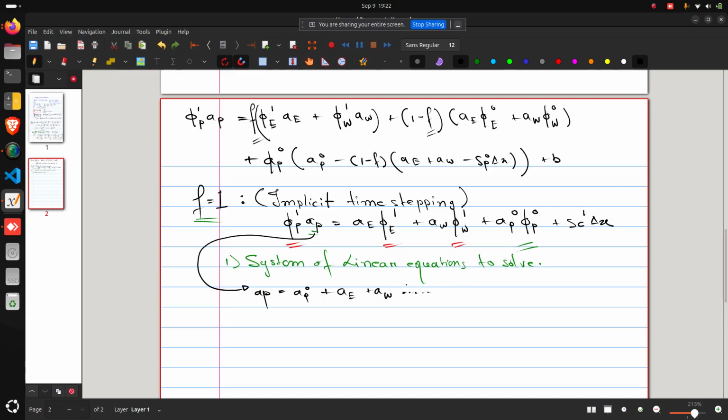So in the limit that the source term is 0, we will see that this kind of time stepping gives us a bounded solution, right? So what does a bounded solution mean?